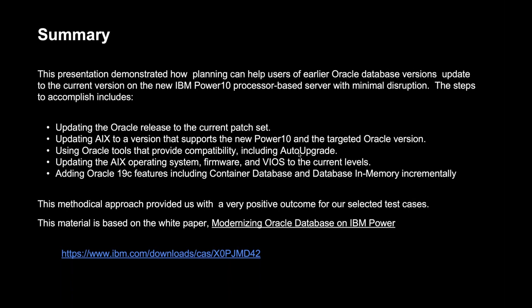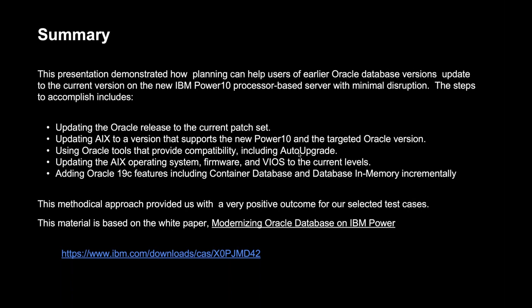Having done that, do your AIX update. Get it to a level that both the Oracle version supports and the new hardware supports. That way you can evaluate how that AIX version runs on your existing hardware, and you'll be well prepared to understand and have expectations on how it would run on the new hardware.